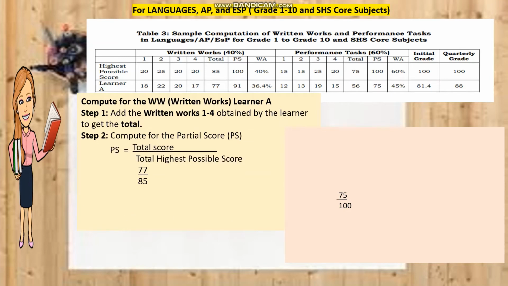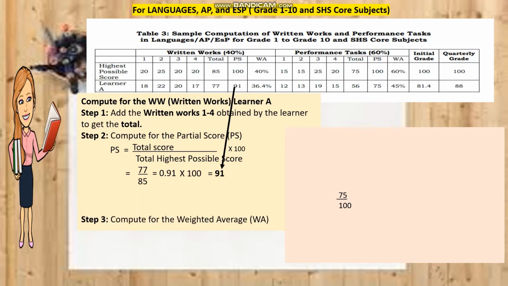Partial score is equal to total score divided by total highest possible score multiplied by 100, equals 77 over 85, equals 0.91 multiplied by 100, equals 91 partial score.